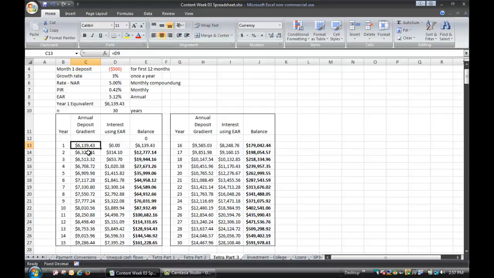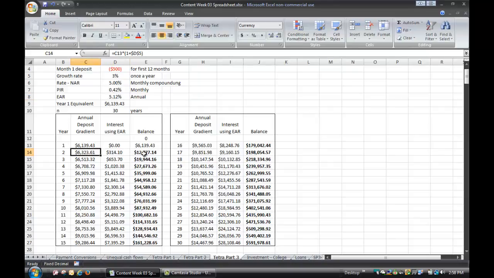Then we increase that by 3%. 1 plus D6, D6 is a 3%, or if that's... that's not a 6, that's a 5. And that goes up to $6,323.61. The interest on this period at the annual rate of 5.12%, the EAR, gives this much interest, 134.10.